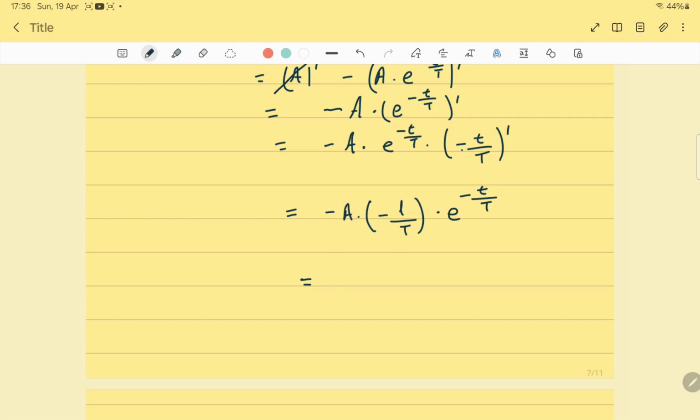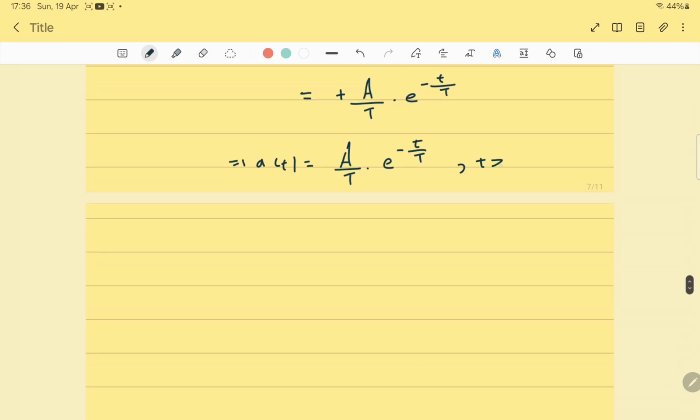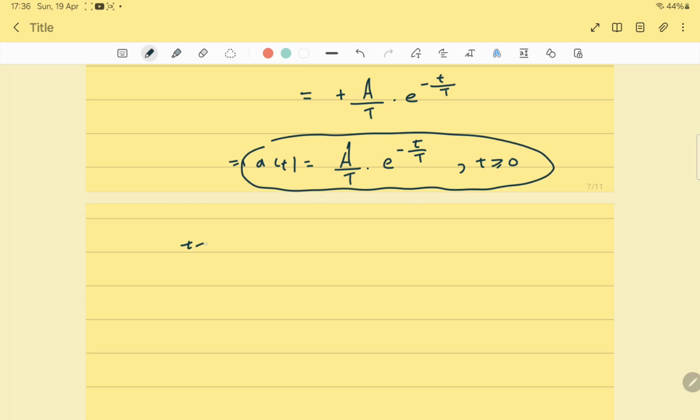Minus times minus turns into a plus, A over T times e to the power of minus small t over capital T. So my acceleration a of t is capital A over capital T times e to the minus small t over capital T, for t bigger than or equal to 0. That's my acceleration, and for t equals 0 I can find the value of the acceleration.